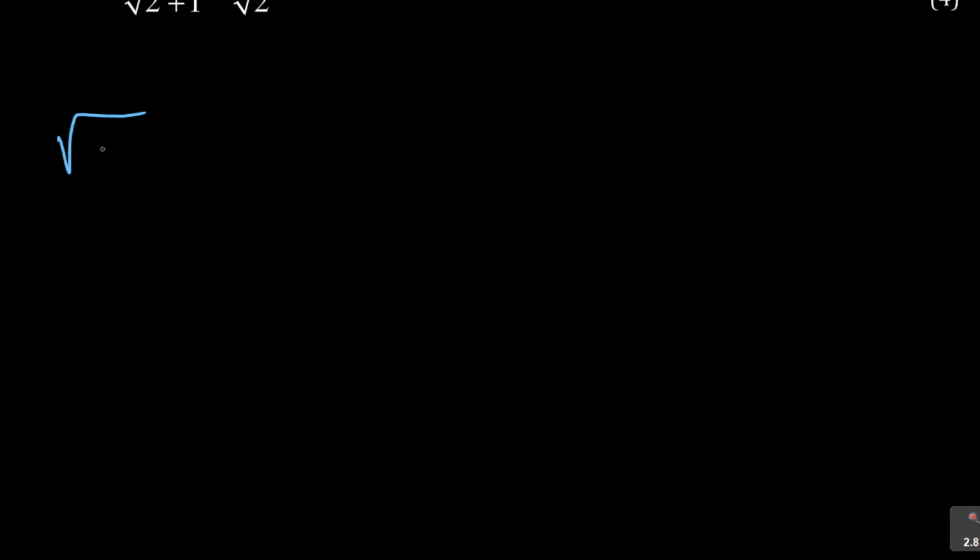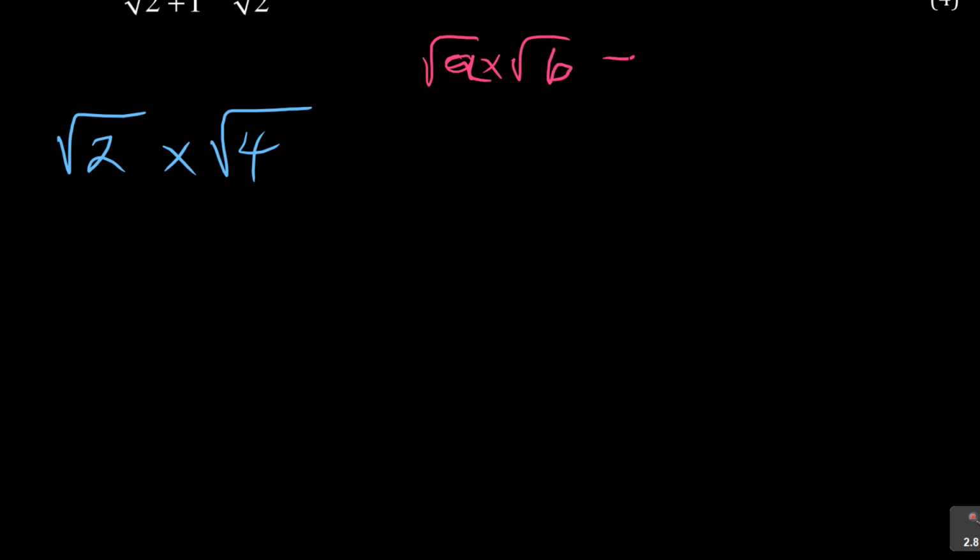Remember, when I say square root of 2 times, for example, square root of 4, this is the same as saying square root of A times square root of B is equal to square root of A times B. You must remember this exponent law.